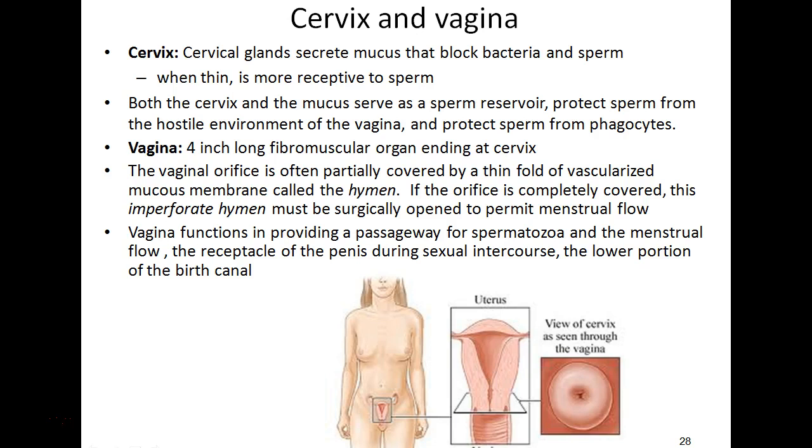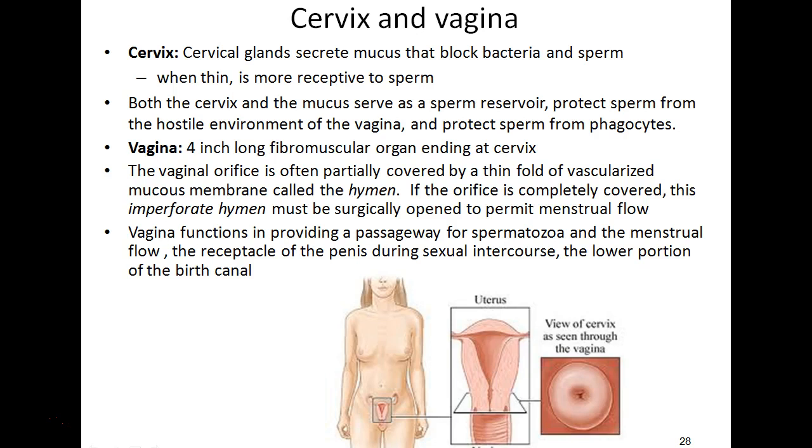It's noteworthy that there's a structure called the hymen. So this vaginal orifice is sometimes and often partially covered by a thin fold of vascularized mucous membrane called the hymen. If this orifice is completely covered, this imperforate hymen must be surgically opened to permit menstrual flow.